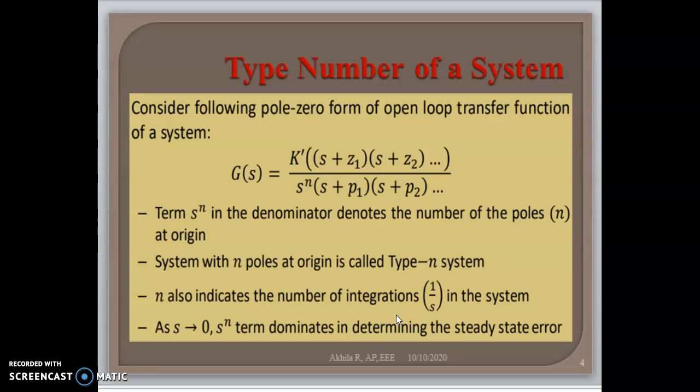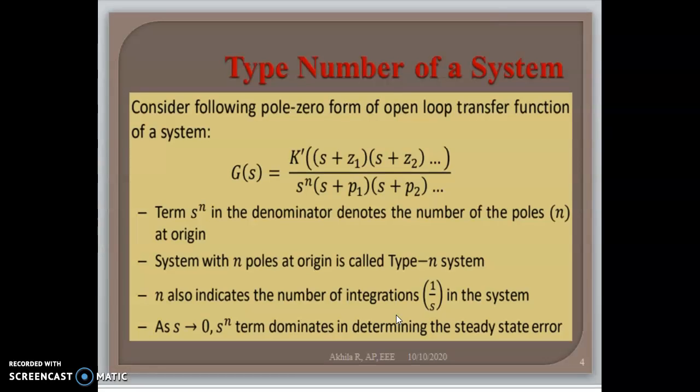If your N has a value of 2, that is, in the denominator you have the expression s square, then it is a type 2 system because there are 2 poles at the origin. Whatever the value of your N, your type number is going to be the same. So I repeat again, the type number is denoted by the number of poles at the origin.